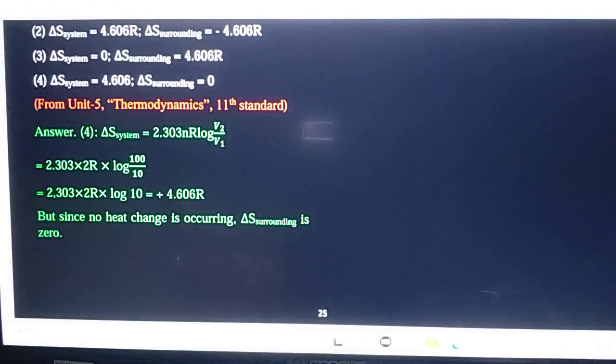Here 2 moles are taken, so 2.303 into 2R log 100 by 10 is equal to 4.606 R. That's the delta S system.